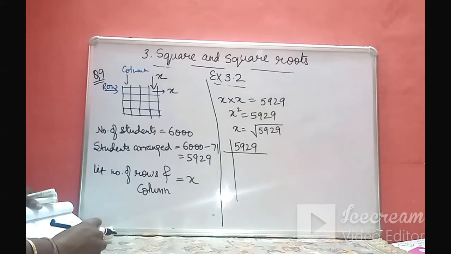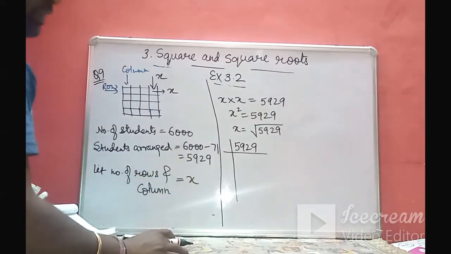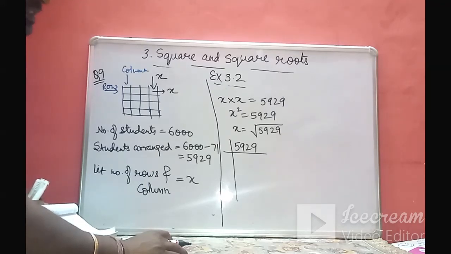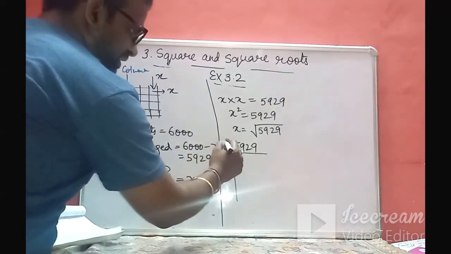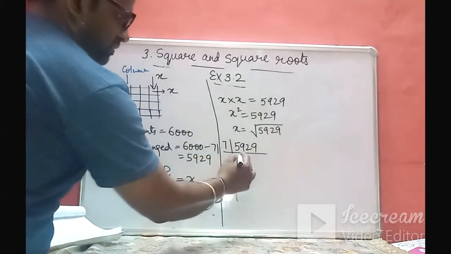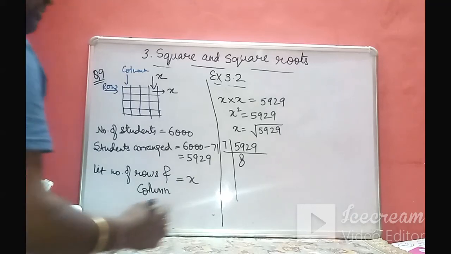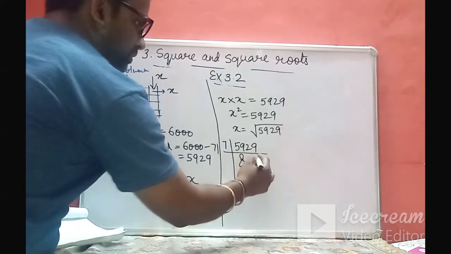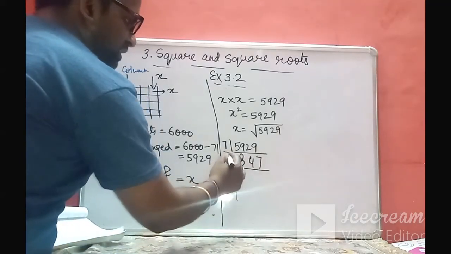Okay, so 5929 is not divisible by 2, it is not divisible by 3, it is not divisible by 5. Then we will check with 7. When we check with 7, it is actually divisible by 7. Again it is divisible by 7.